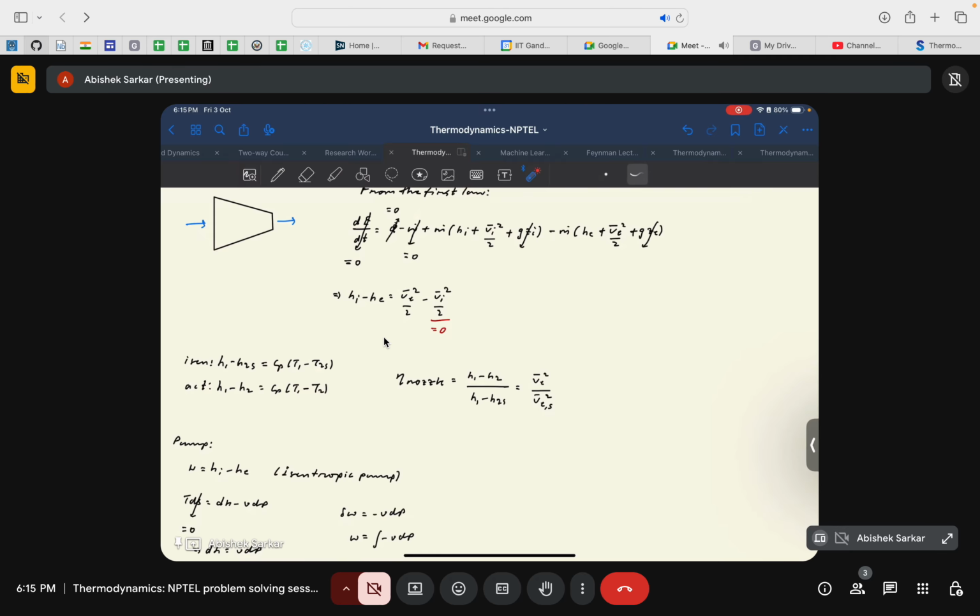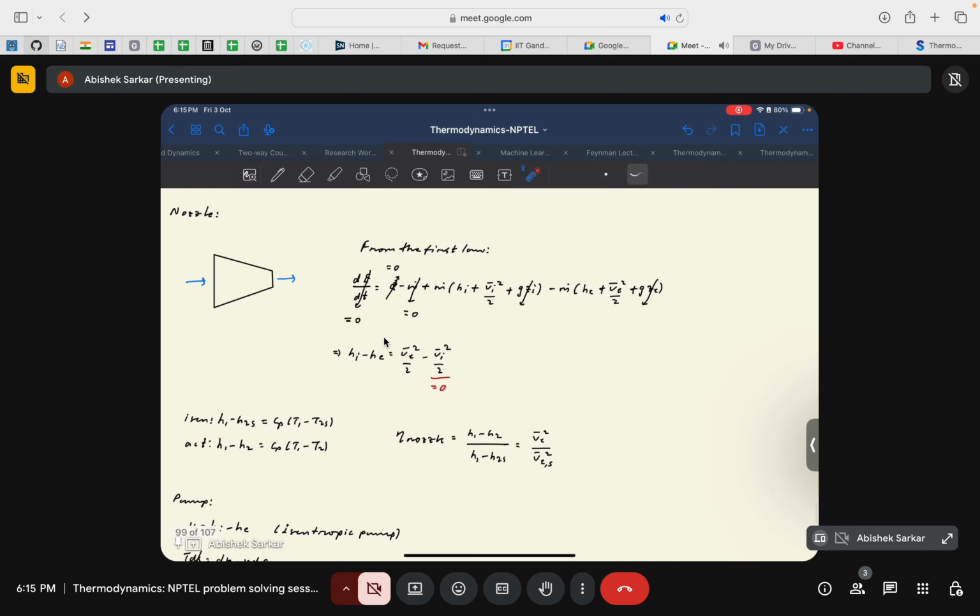Okay. Now again, since I mentioned that the primary work of the nozzle is to increase the velocity at the outlet, that is, if the flow comes in through the inlet and goes out through the outlet, the nozzle will increase the velocity. Okay. So in that case, for a further simplification, or for a first order approximation, you can consider that the magnitude of the exit velocity is a lot higher than the magnitude of the incoming velocity.